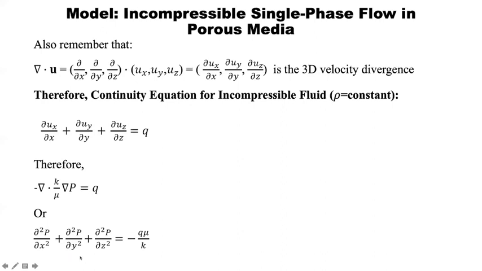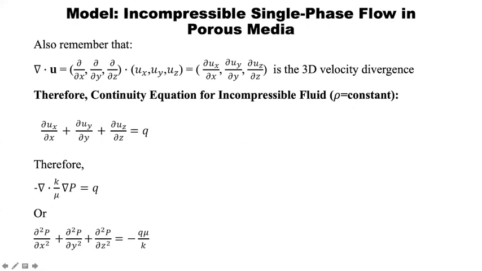So this equation can be written in this form, and it can be expanded in x, y, z like this, all right? So where we got this is a second derivative, correct? This one is also a second derivative, but in vector form, and this one is in expanded form, in x, y, z.